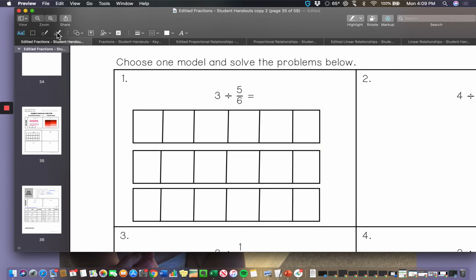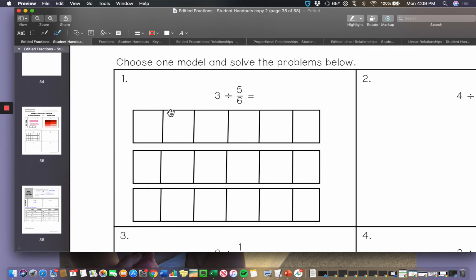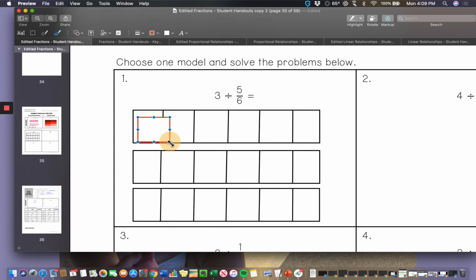Alright, and I'm going to use my draw marker. I don't want to get crazy. Okay? So for every time I shade in a total of 5 units, that's going to be 1. So I'll tell you what, let's use a box. I'm going to use a small box.